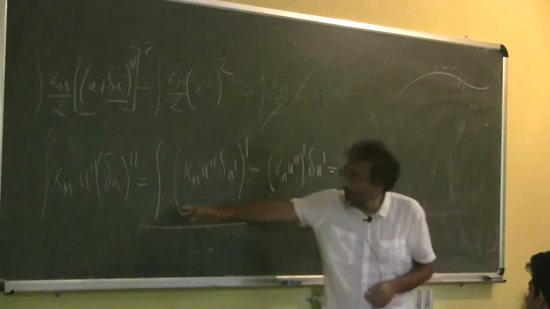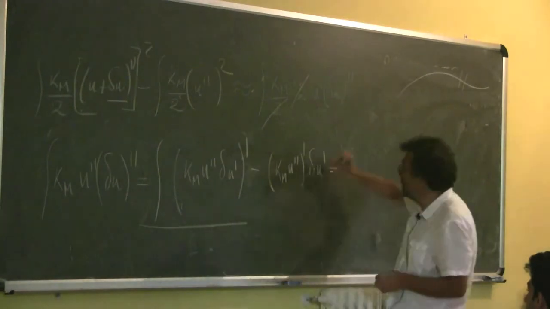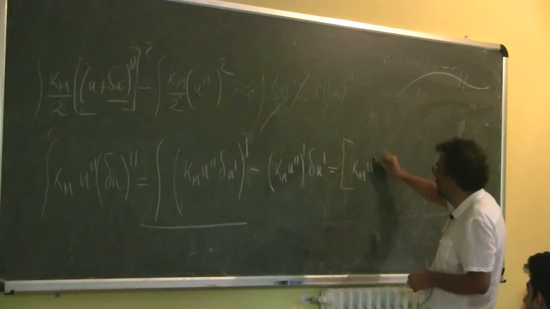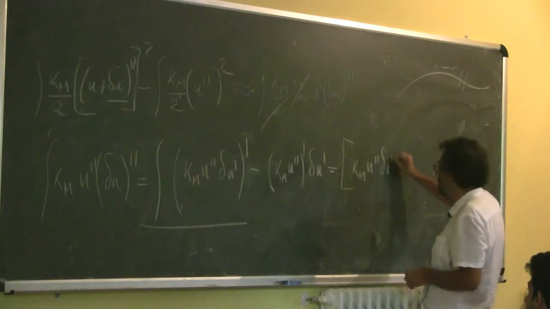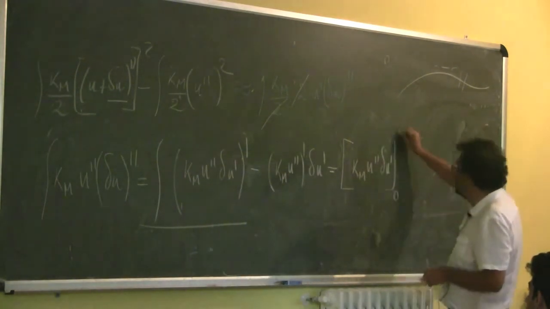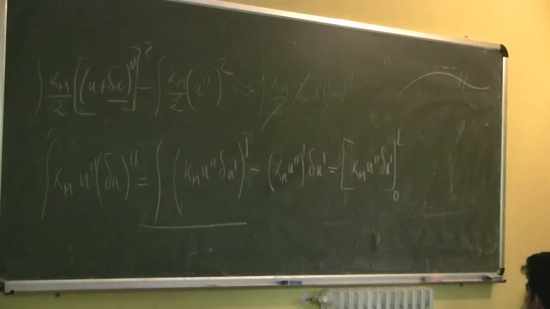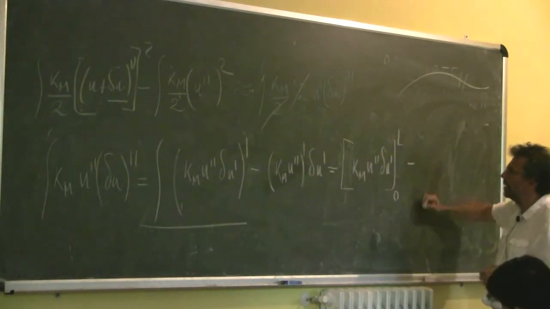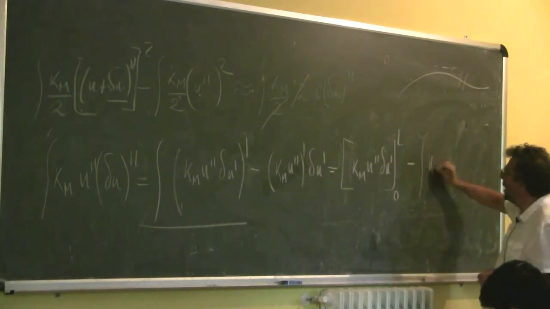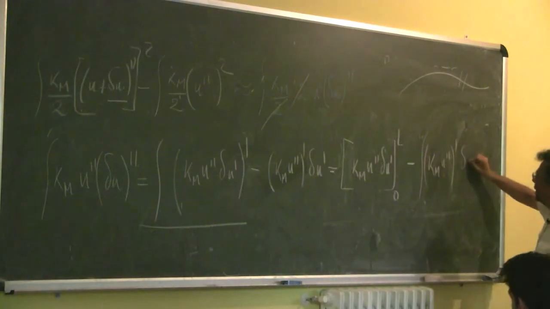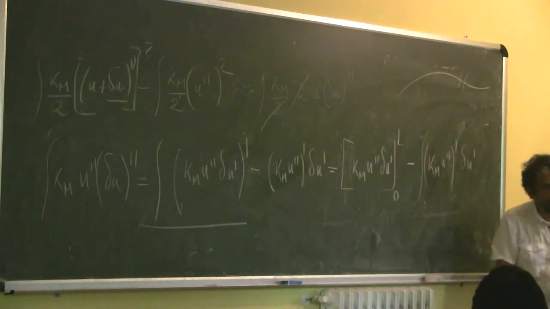The integral of the derivative is the function calculated on the integration endpoints, minus the integral of Km u second prime delta u prime.